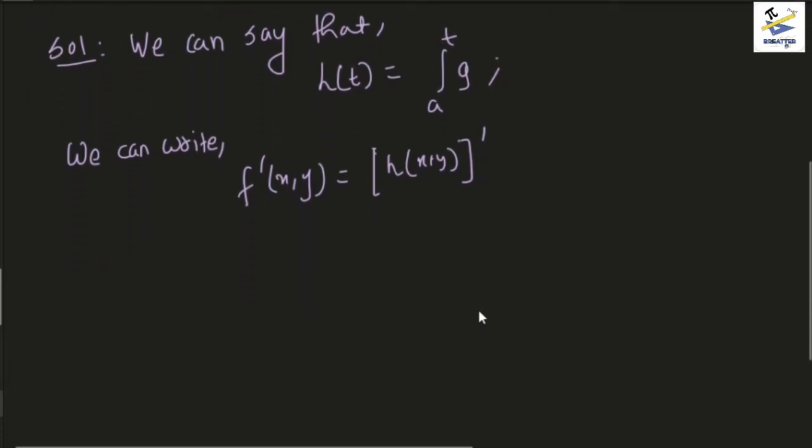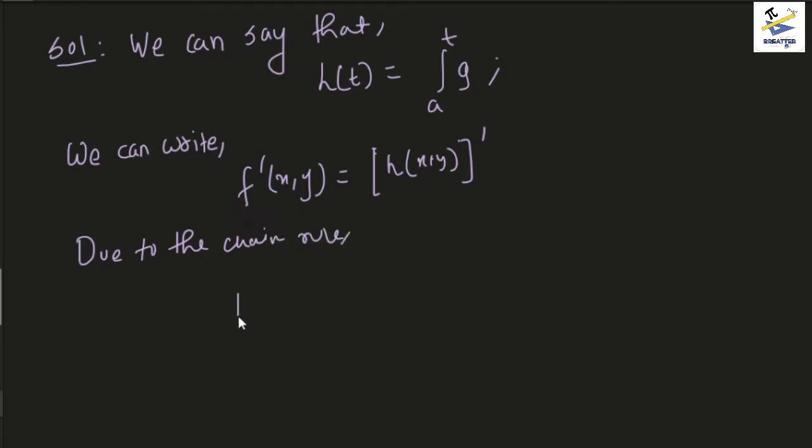Now due to the chain rule we have df a comma b, so the derivative at the point a comma b would then be equal to dh of a plus b, firstly.